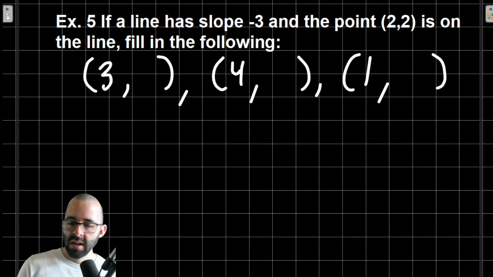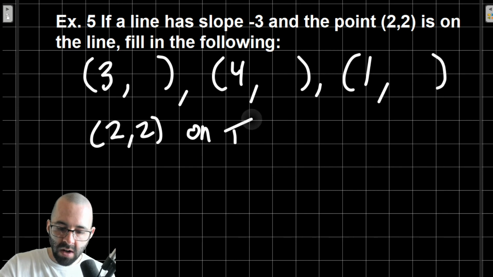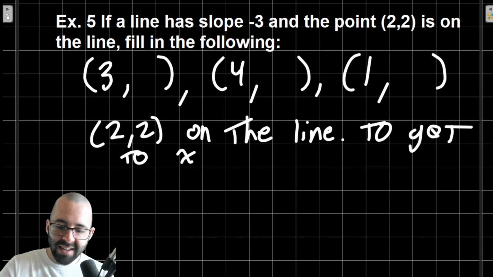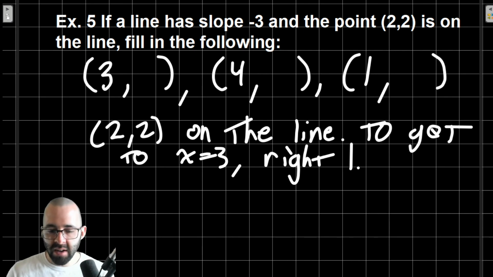Okay. So we know the point (2, 2) is on the line. How do we get to x is 3? To get x equals 3, right? That's moving right 1 unit. Well, if we move right 1 unit, what's our vertical change?